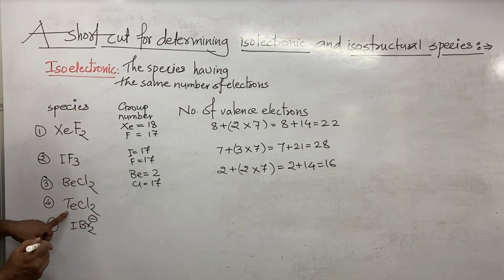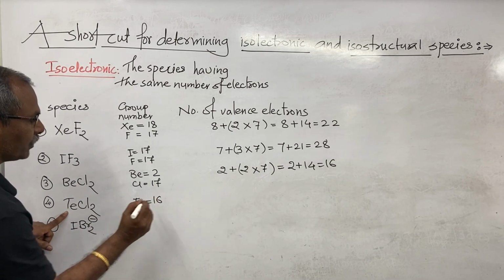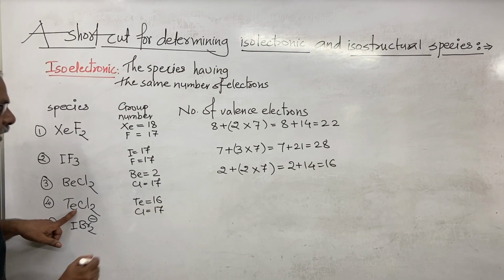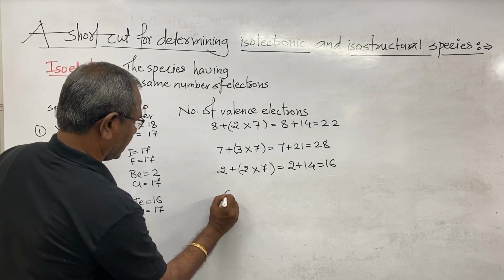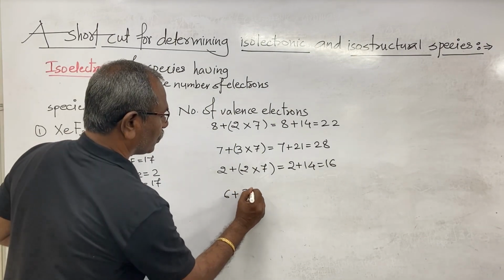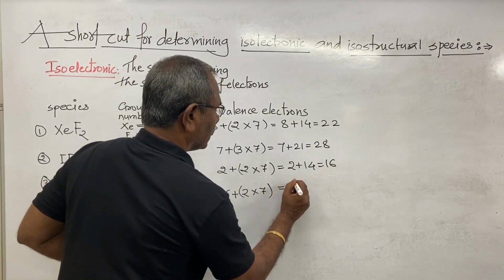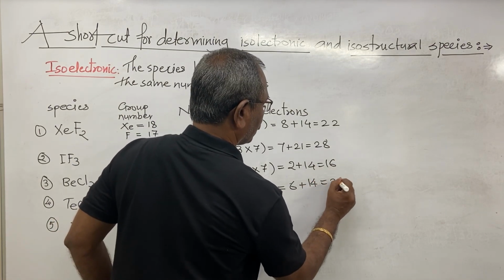In case of TeCl3, Te belongs to group 16 and Cl belongs to group 17. So in case of tellurium, there are 6 valence electrons, there are 2 Cl atoms, so 2 into 7 is 14, 6 plus 14 is equal to 20.